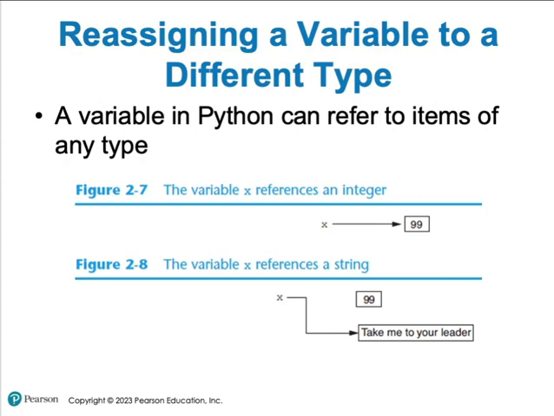So here's an example, kind of like what I was talking about a moment ago. We set x to 99. We then turn around and set x to a string that says take me to your leader. That 99 is just kind of lost out there in memory, and the Python garbage collection is going to come back and eliminate, free up that memory location that is storing that integer 99.